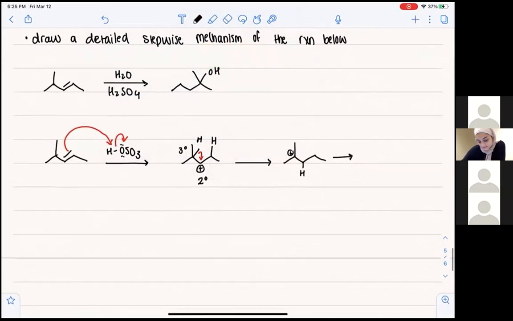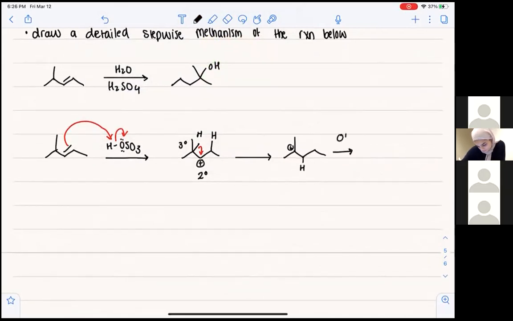And then what's going to happen? We're going to have a nucleophilic attack. Perfect.